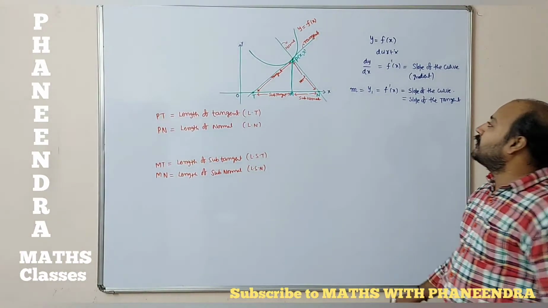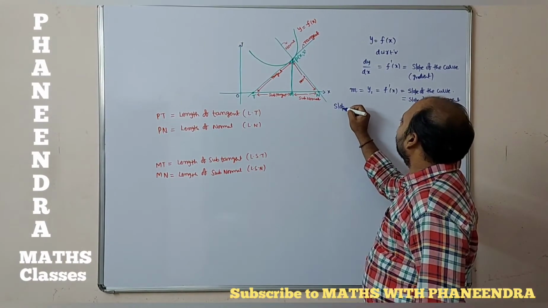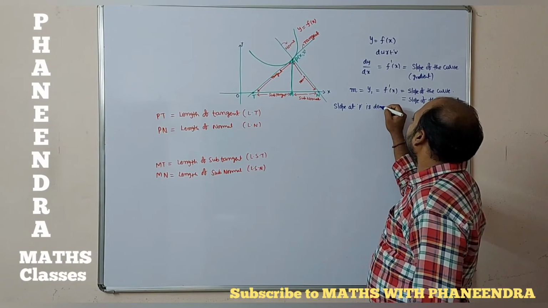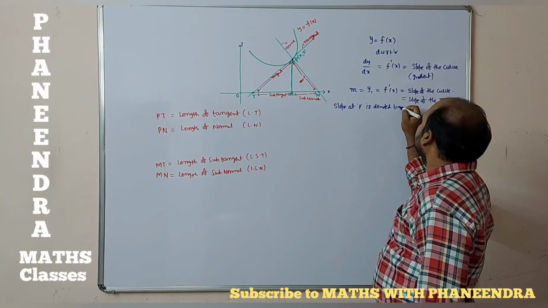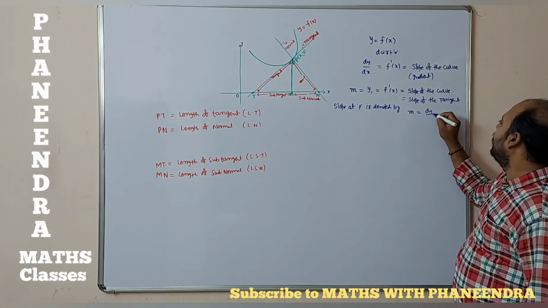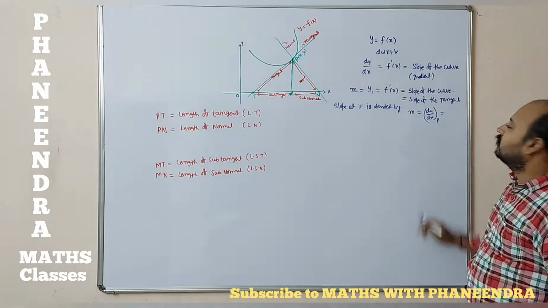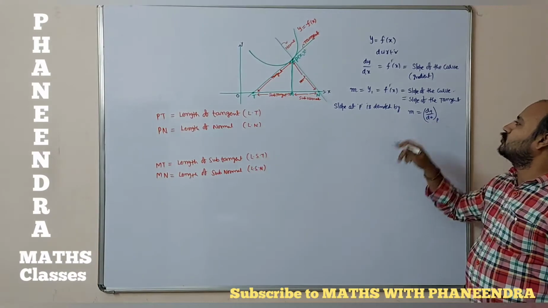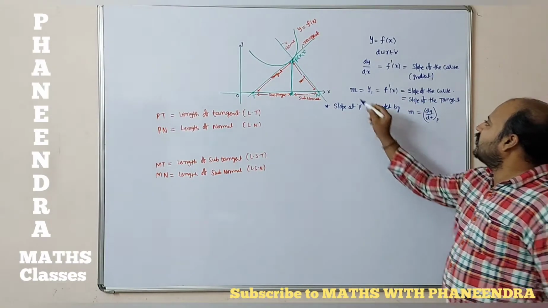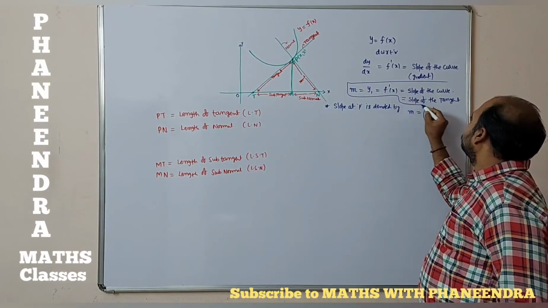Slope, if you calculate at point P, so slope at P is denoted by m is equal to dy by dx at P. This is the way we can denote slope at P. So y1 is called slope of the curve or slope of the tangent.